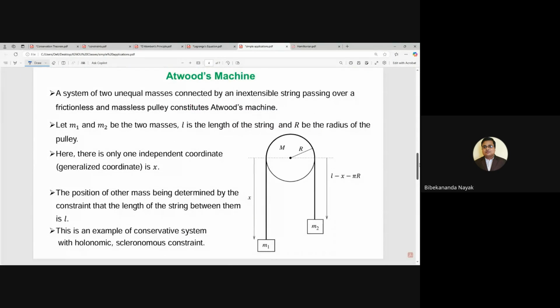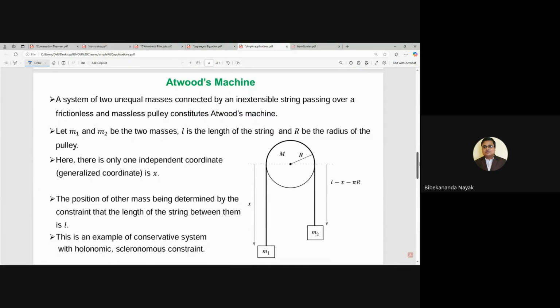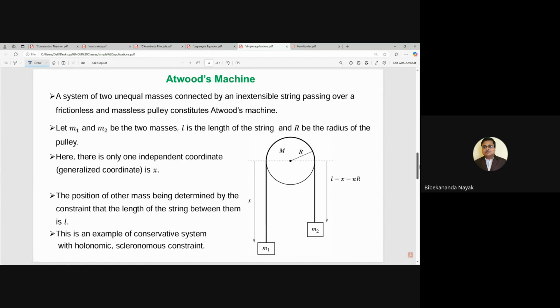Then the second example is Atwood's machine. A system of two unequal masses connected by an inextensible string passing over a frictionless and massless pulley constitutes Atwood's machine.